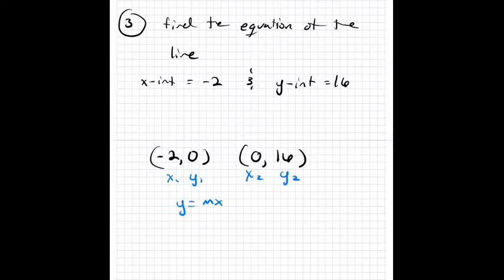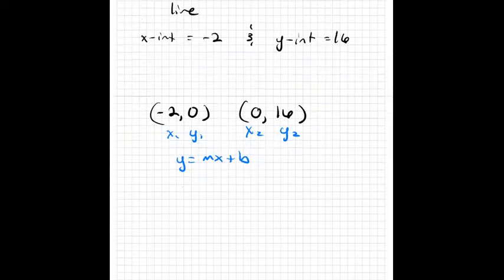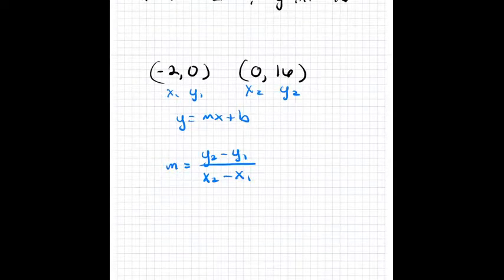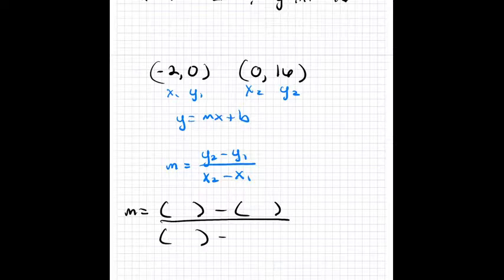So let's find the slope. The slope formula is the rise over run, which is the change in y over change in x. So that's y2 minus y1 over x2 minus x1. That's our slope. So we have y2 minus y1 over x2 minus x1. y2 is 16, y1 is 0, x2 is 0, x1 is -2.